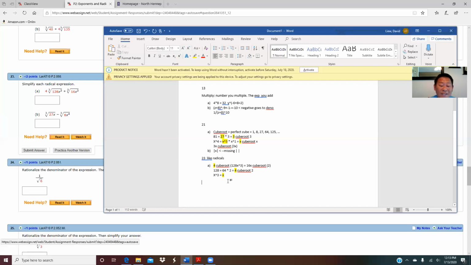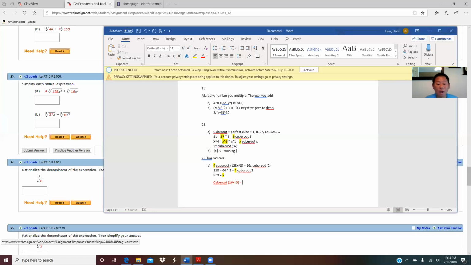And then you do the second part of it, which is the cube root of 16x cubed. So you do the second part, which is 16 cube root of x cubed. In this case, you again break it down like what I just did.